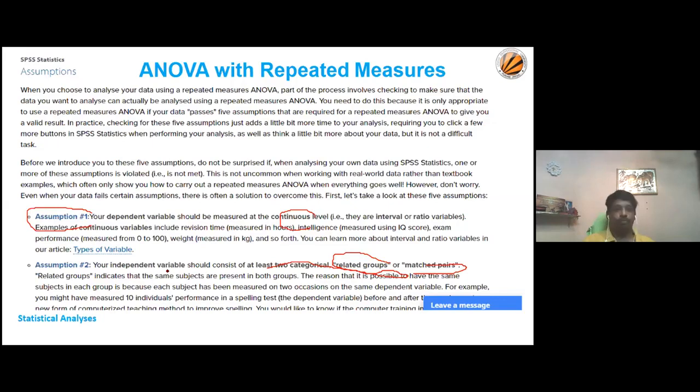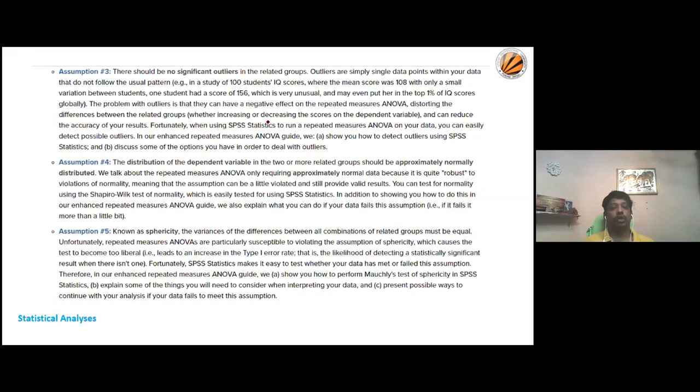The third assumption is that there are no significant outliers. Your data should not have any outliers, so do a box plot or normality testing with your SPSS. The fourth assumption is that the distribution of the dependent variable is approximately normally distributed.